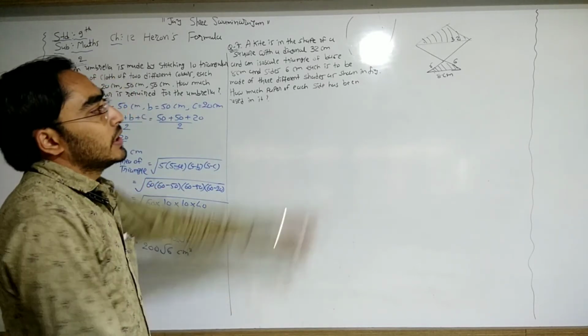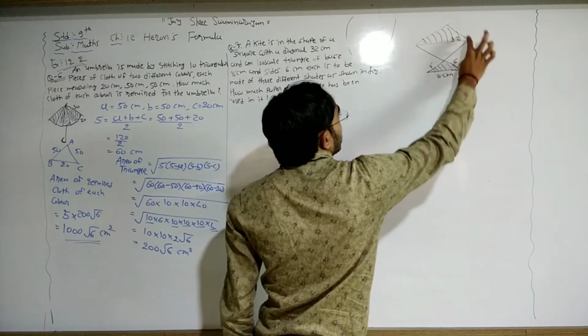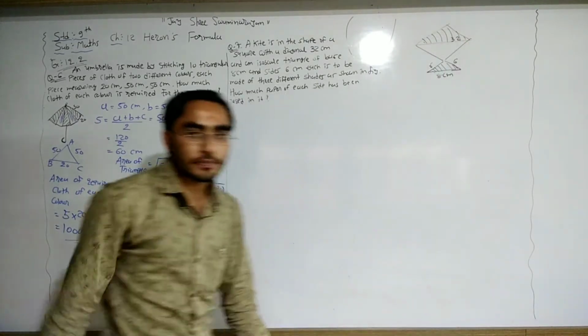Again, here we have one figure. Here we have a square shape, and the square has the diagonal 32 cm.